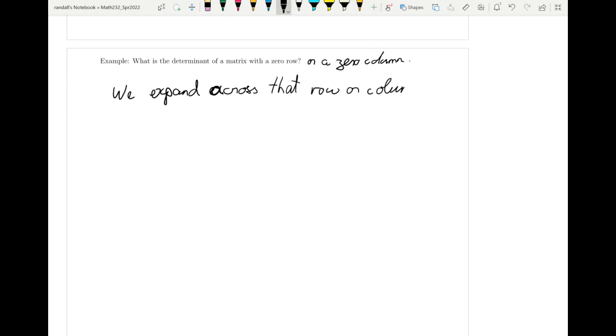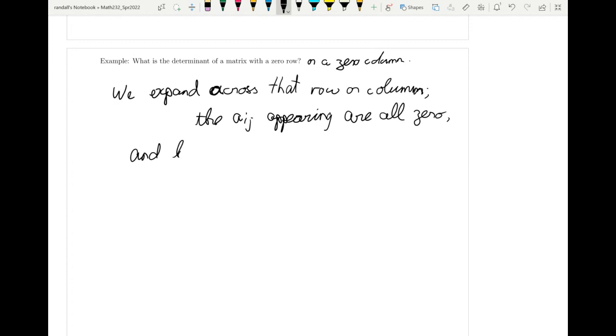When I do that, the Aij appearing in that formula are all 0, and hence when I compute the determinant using those formulas, I'll get 0.